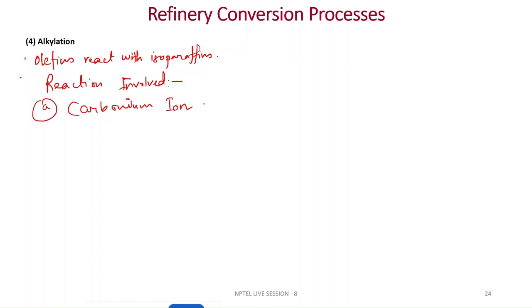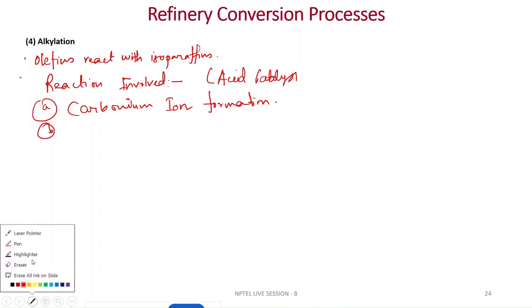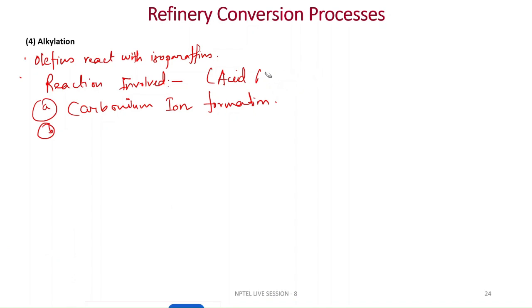Next, in the presence of the acid catalyst we are using. So we are using acid catalyst here also. Carbonium ion formation is the first step.